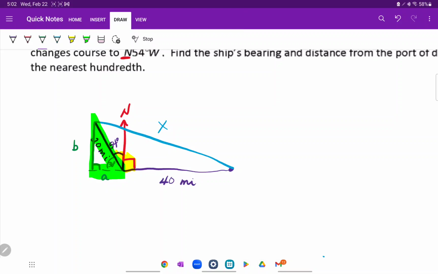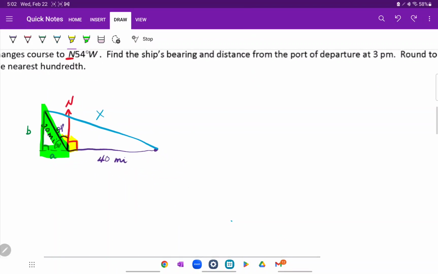And then once we have those two numbers, we'll have the bottom side and the left side of this bigger right triangle, and then we'll be able to use Pythagorean theorem to find the hypotenuse. So that's our bigger plan. I'm going to start with my breakout triangle.